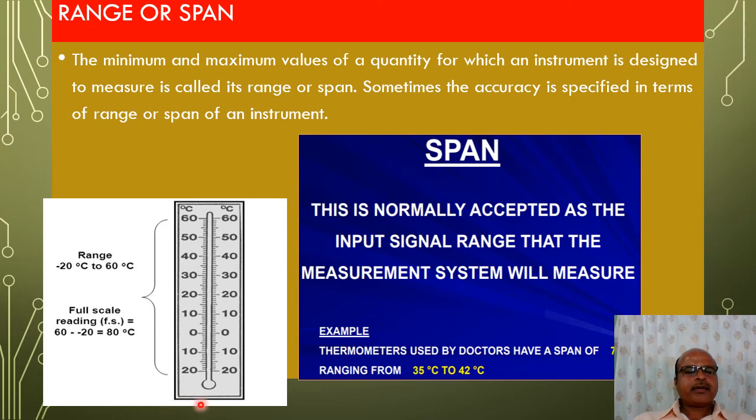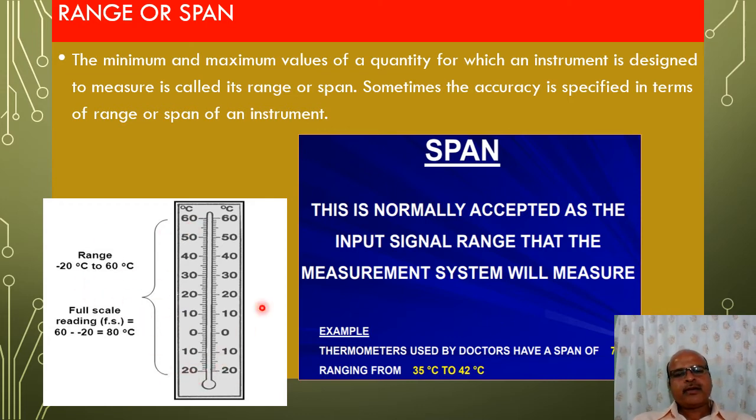Consider this example. Here a thermometer is shown in this figure, and the range of that thermometer is minus 20 degrees to 60 degrees Celsius, with the full scale reading as mentioned here, and it is called a range or span. Beyond 60 degrees Celsius we can't measure, and the minimum is minus 20 degrees Celsius.